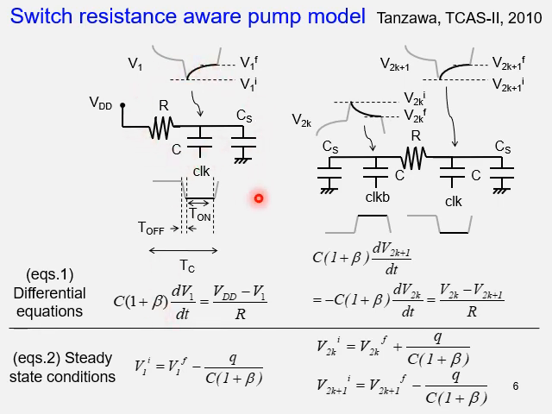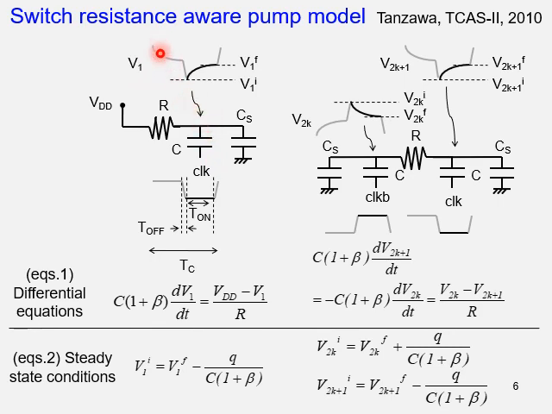This is the portion at the first stage with input VDD, and this is equation number 1, which shows the differential equation for this capacitor node V1.